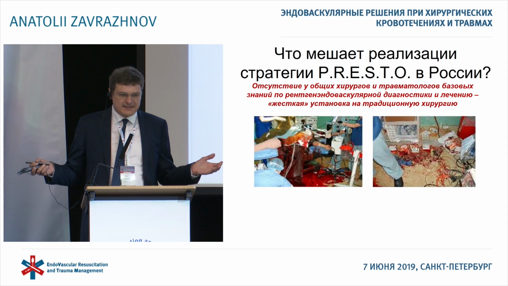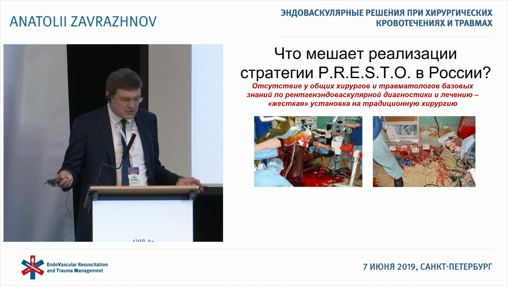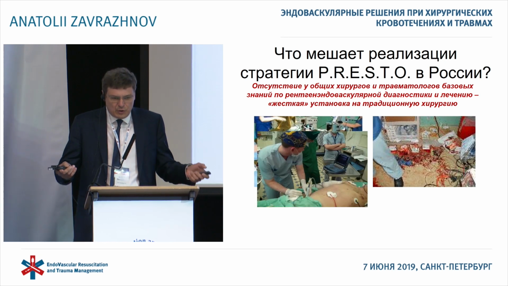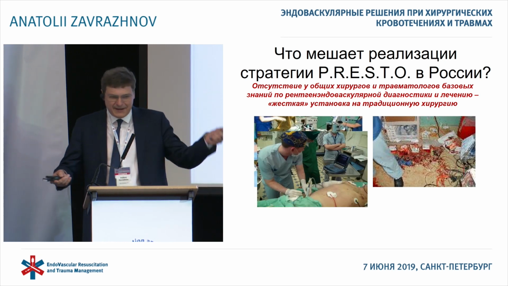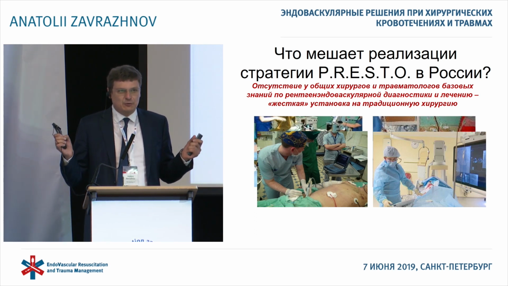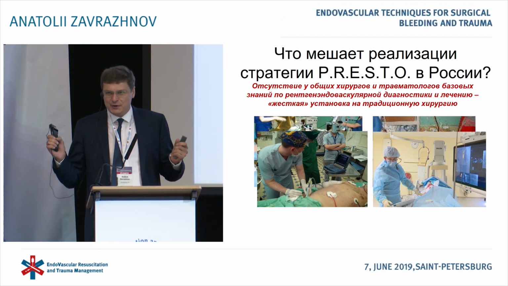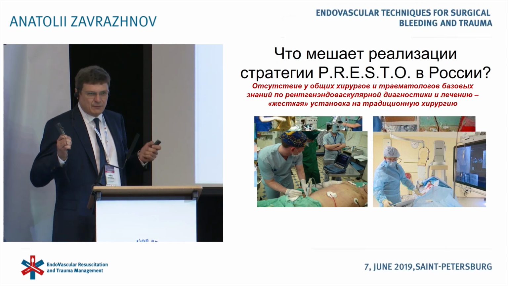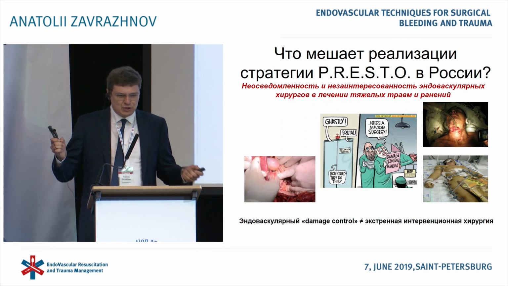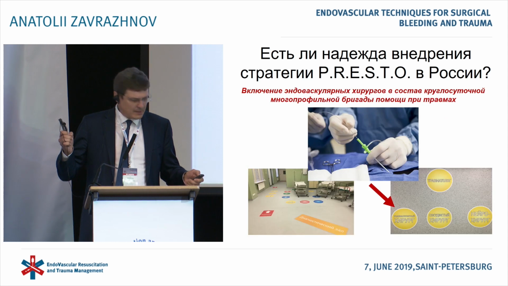Unfortunately, many general surgeons and trauma specialists have no basic knowledge on PCI methods of treatment, and they are focused on traditional surgery. Although we know great examples of Victor Reva and other surgeons who really implement this approach and do the endovascular surgery in case of traumas.